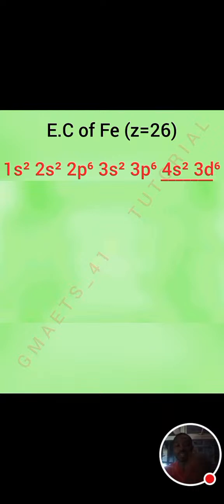After 4s, that is when you start filling 3d. So the idea is you fill 4s first before moving to 3d. Okay, which means that 3d is a kind of higher in energy level than 4s.